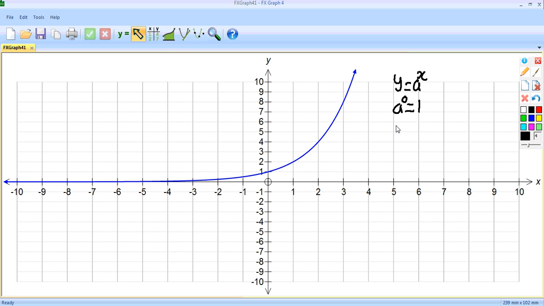At that point there, we've got a y value of 2, and this will equal whatever our a value is to the power of 1, because this value here is 2. So in other words, it tells us that if you go across 1 and up 2, your a value must be 2.